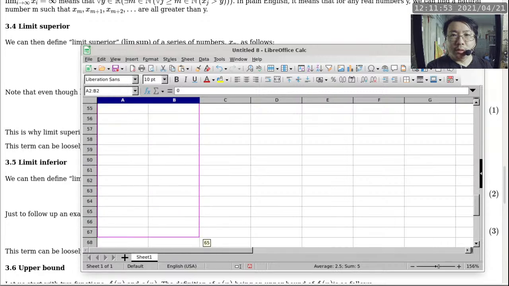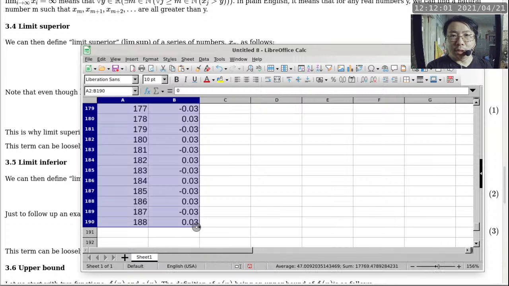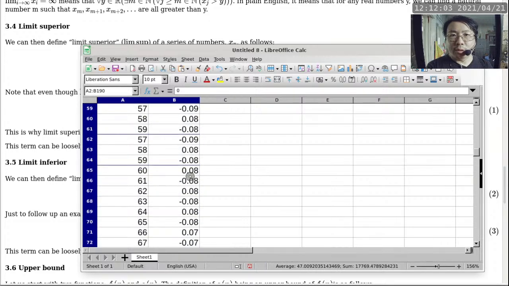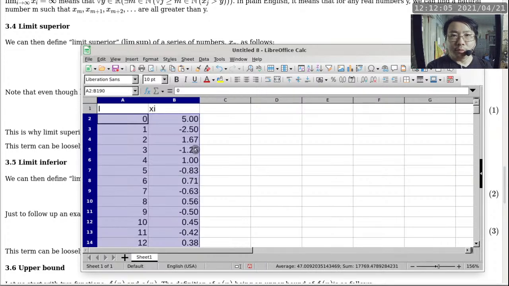So in the actual definition, this I, which is represented by column A, basically just goes on and on and on. But in our example, it is not going on and on and on, because we cannot have an infinitely large spreadsheet. So it's just a crude visualization of the concept that we are dealing with here.